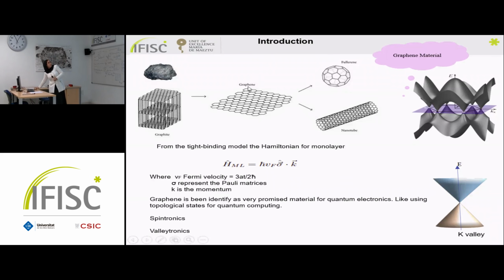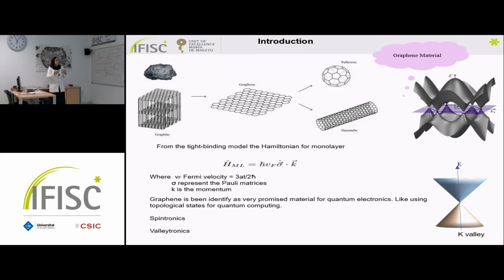As you can see here, this is a sheet of monolayer graphene, and it is composed of two atoms per unit cell, one atom A and one atom B. This material can be the base of several structures: it can be wrapped up in 0 dimension, like in fullerene, or rolled in 1 dimension, like in a nanotube, or stacked in 3 dimensions, like in graphite.